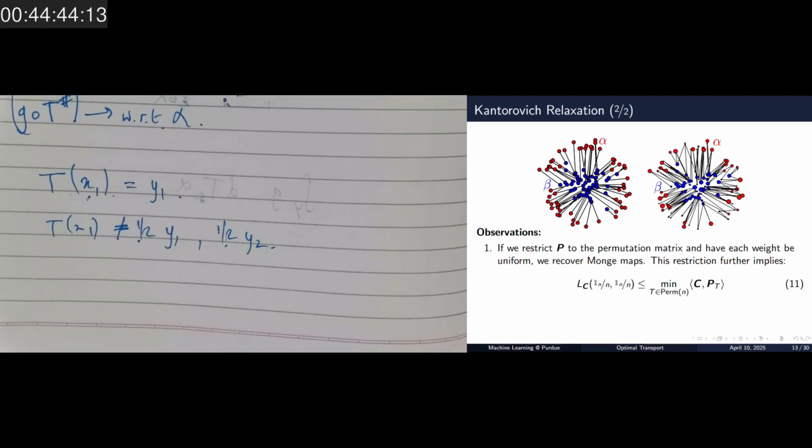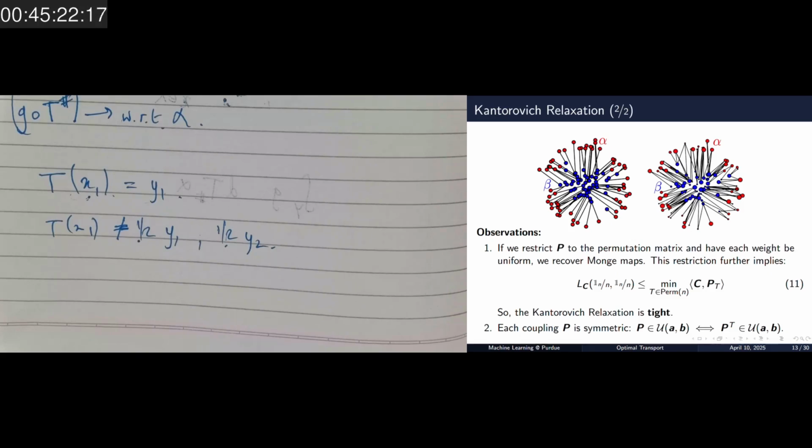And if in fact the optimal solution is a permutation, you will recover that as well, because the permutations are a subset of all of the possible P, right? So you can express a permutation within your set of valid couplings P. Therefore, by solving the Kantorovich problem, you are also considering every single case in which a direct permutation is your optimal solution. So the Kantorovich relaxation is tight. That is the main conclusion from this.